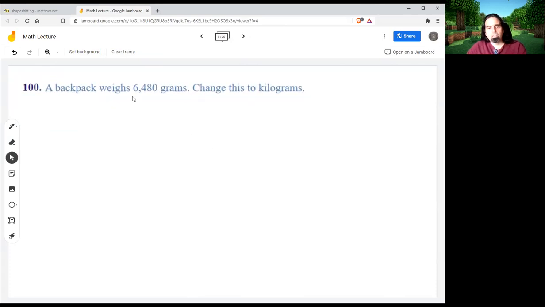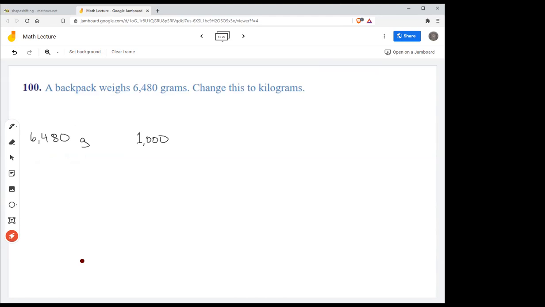A backpack weighs 6,480 grams. I could do this the one-step conversion way. The grams to kilograms was 1,000. Am I multiplying or dividing?